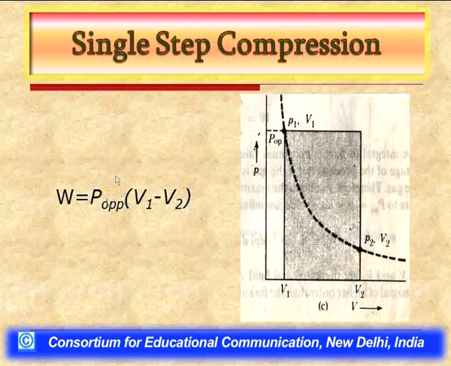So, although the same formula is being used, you can understand that V1, the final volume, is lesser than the initial volume V2. So, there will be a negative sign associated with the volume quantity inside the brackets.